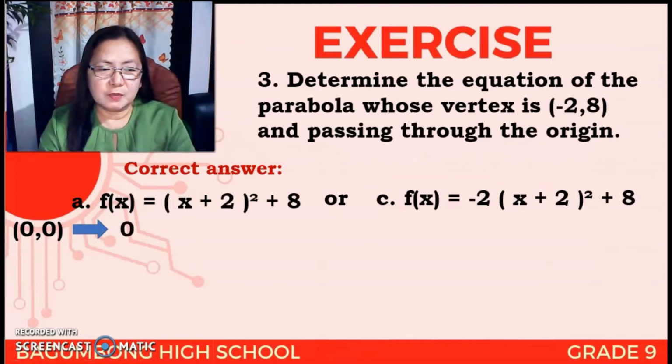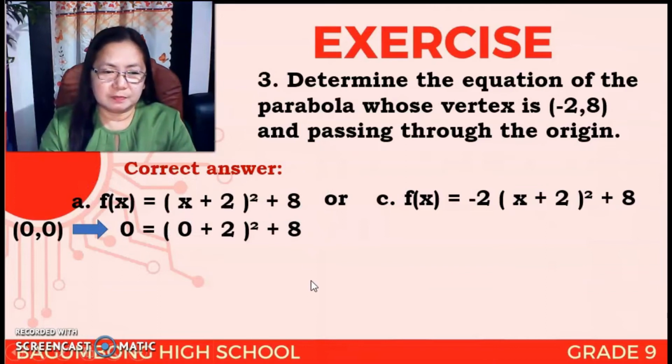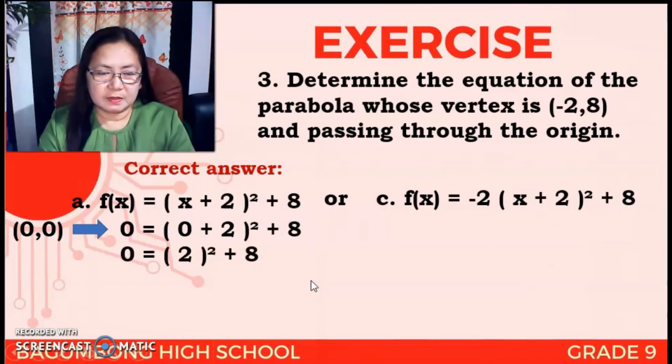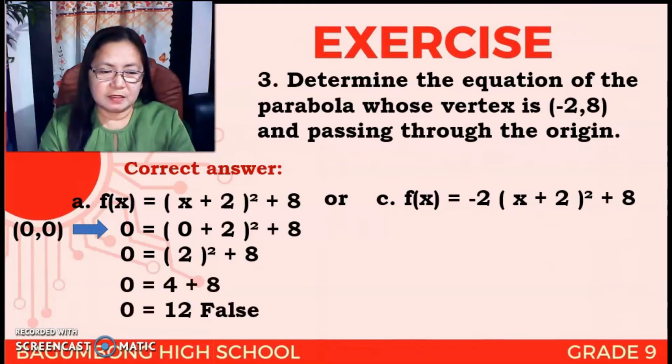So, we will substitute the value of x is 0 and the value of y is 0 in the first quadratic function. So substitute the value of x and y, simplify. So 0 is equal to 4 plus 8 and 0 is equal to 12 is false.